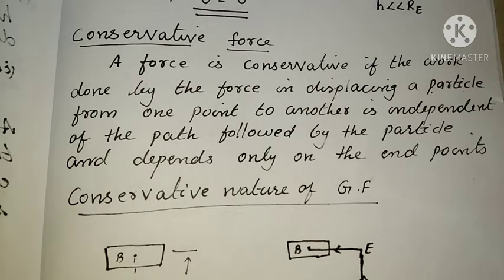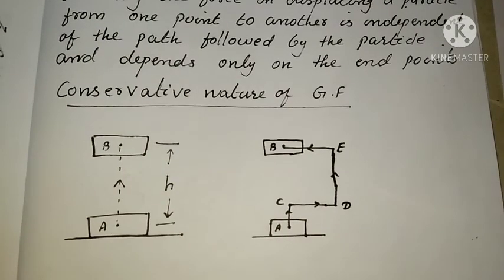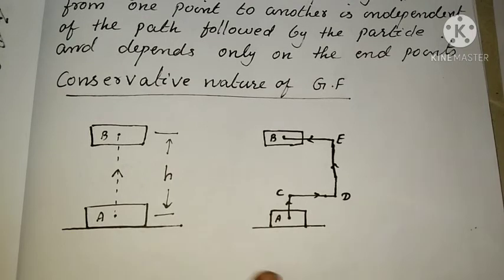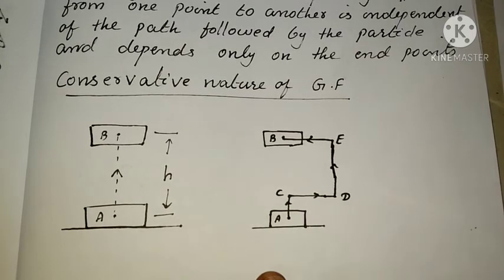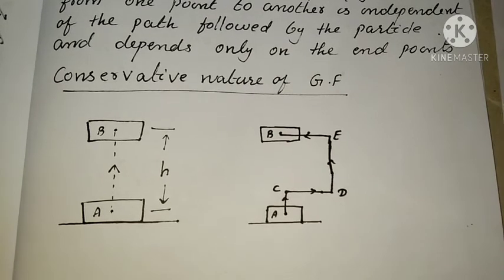So we can see one example. How can we say the gravitational force is a conservative force? With one activity, with one example, we can prove that gravitational force is a conservative force.